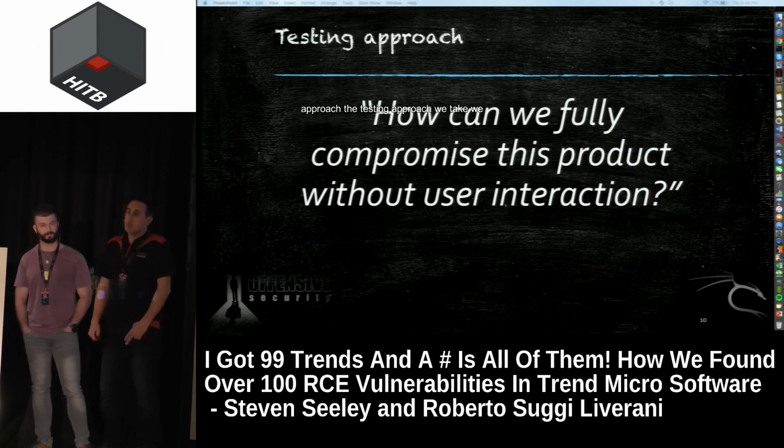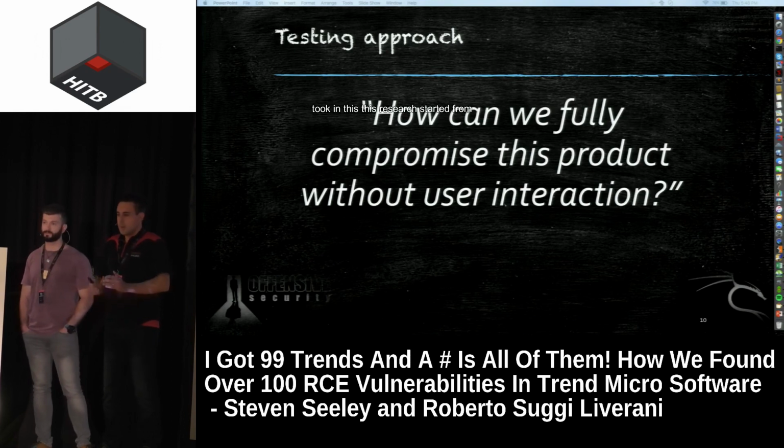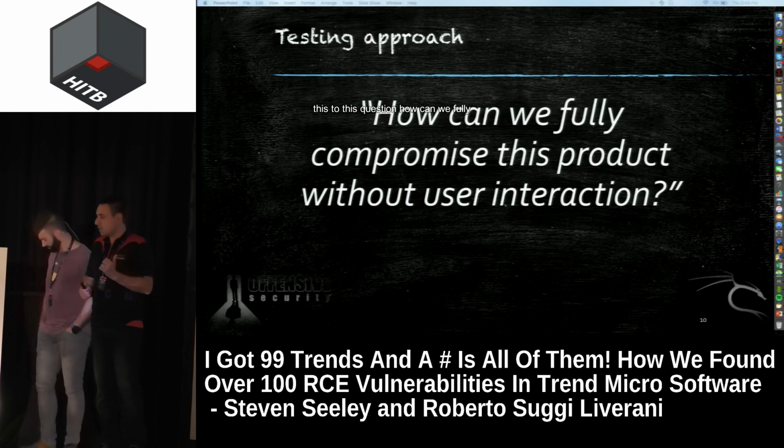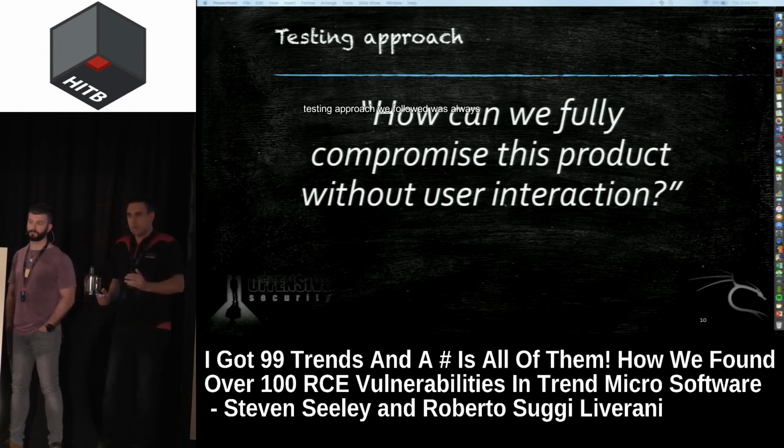Testing approach. The testing approach we took in this research started from attempting to respond to this question: how can we fully compromise a product without user interaction? That was the aim. It all started from that question, and all the testing we followed was always trying to come back to this point.